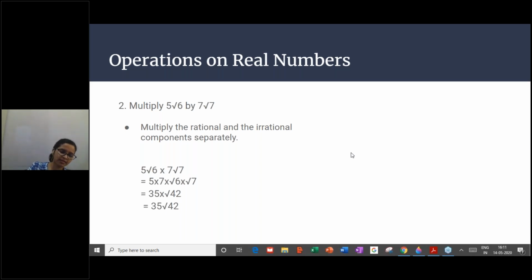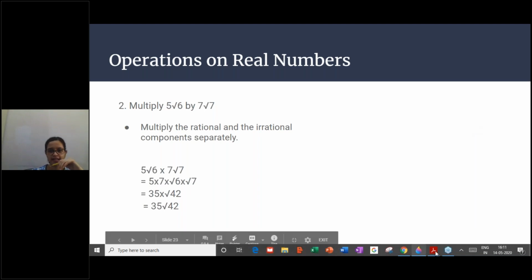Basically for all these properties, it's not a defined thing. When you add a rational and irrational number, the number you get might be rational or might be irrational. There's no fixed rule. Once you note this down, I'll give you an example for that.